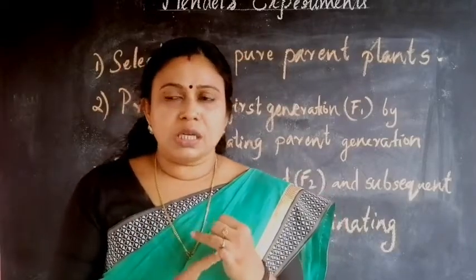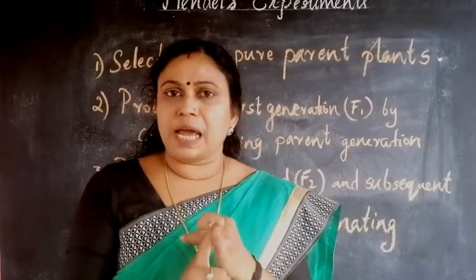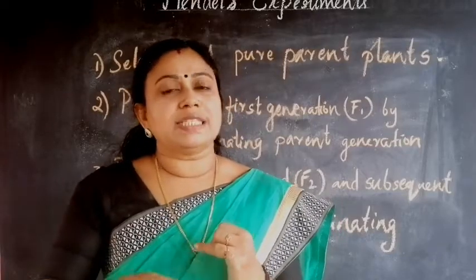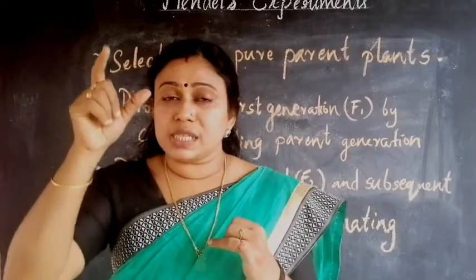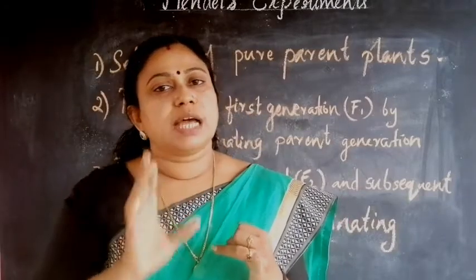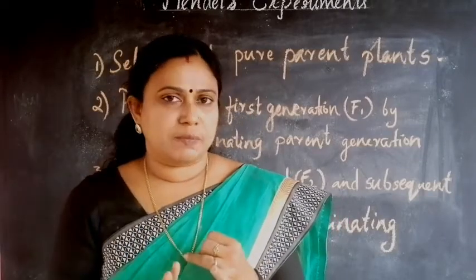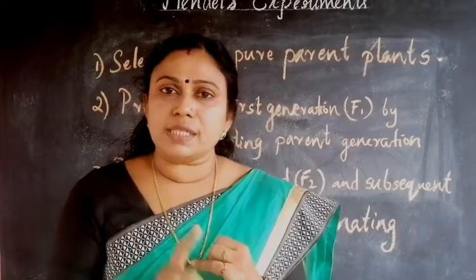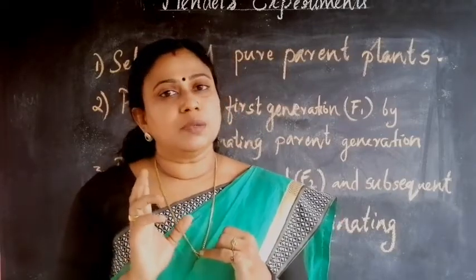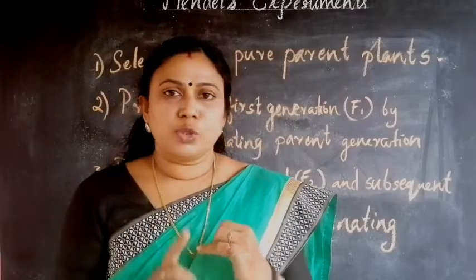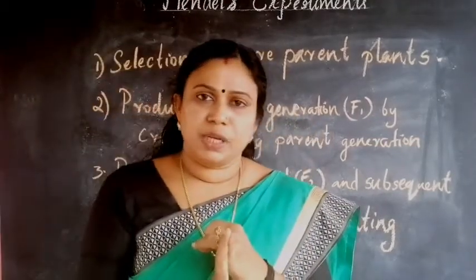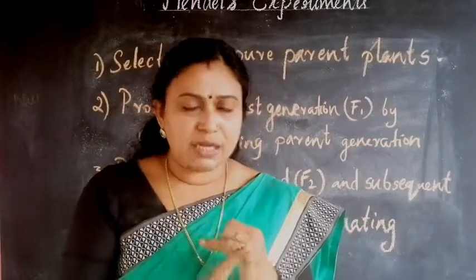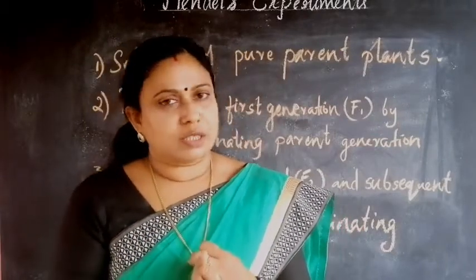Pure means if we allow the plants to self-pollinate and produce further generations, they will show the same characteristics of that particular plant. Such plants are called pure plants. We select one dominant plant and one recessive plant.